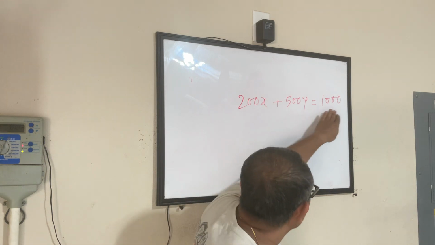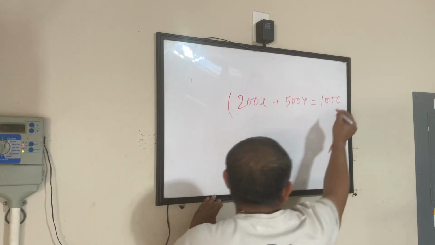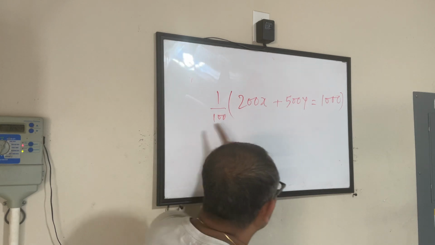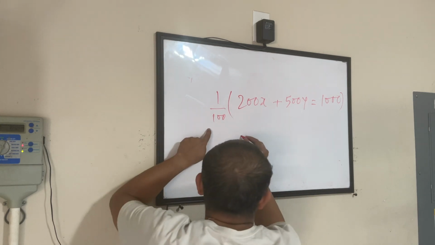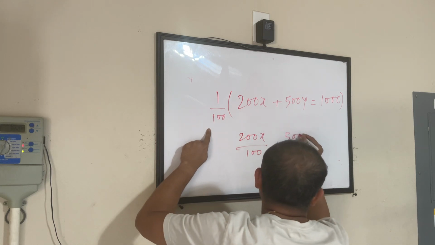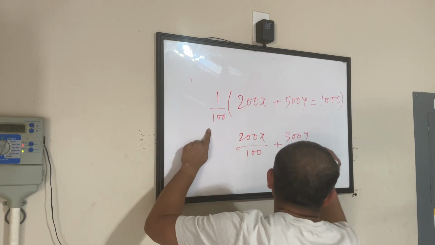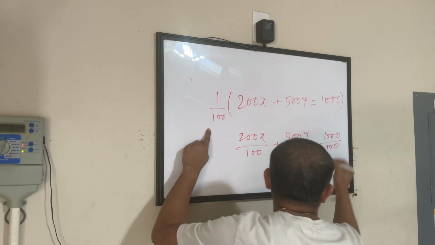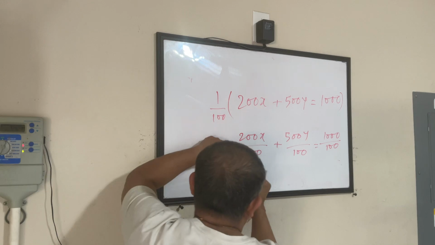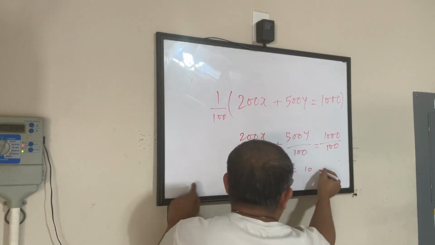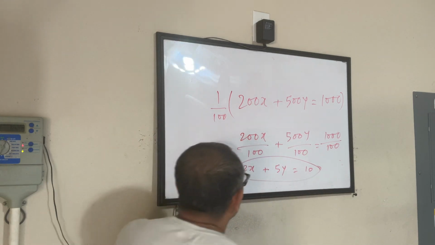If I divide all by 100, this equation converts into another equation. 200x by 100 plus 500y by 100 equal to 1000 by 100. Now this became 2x plus 5y equal to 10. Isn't this equation looking much cuter than what it was looking before?